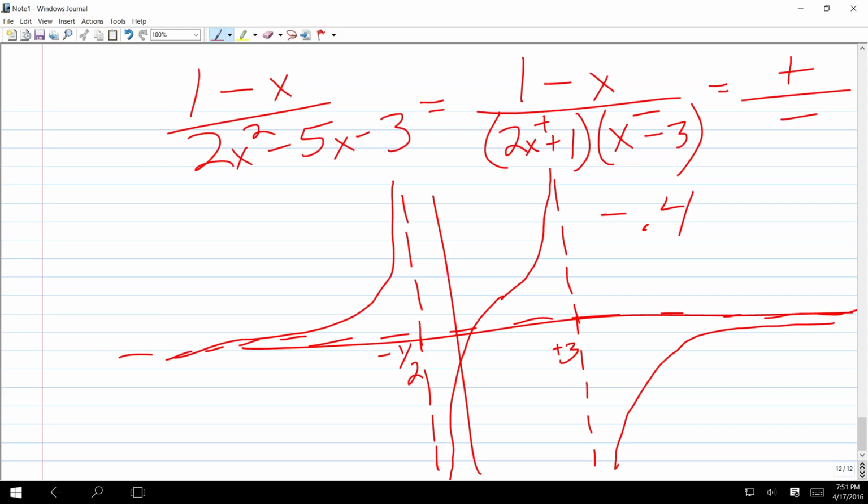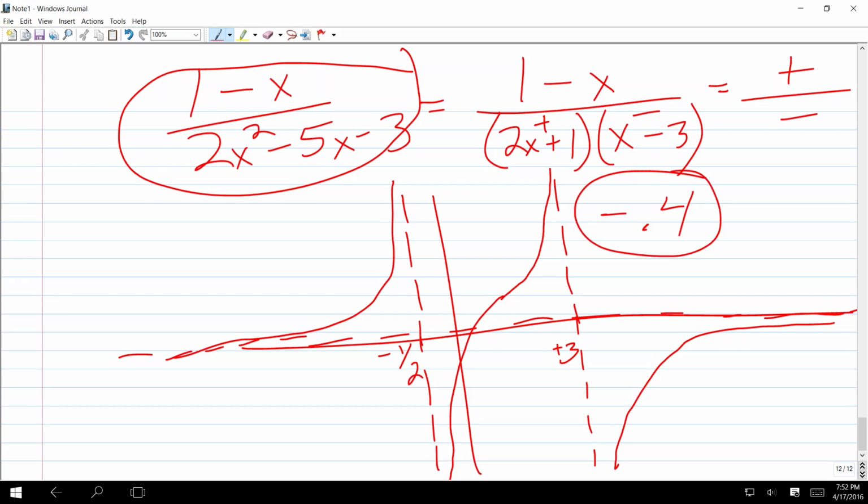In other words, you could do this problem one of two ways. You could graph it and then answer the question. Or you could do it the way I did it. I didn't really have to graph it to answer the question. I just had to plug in values that were close to our asymptotes.